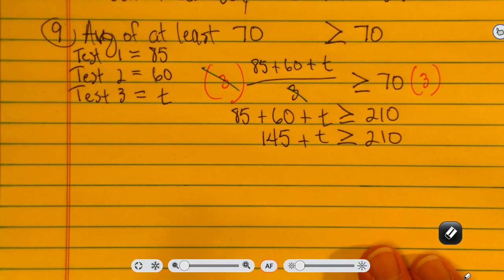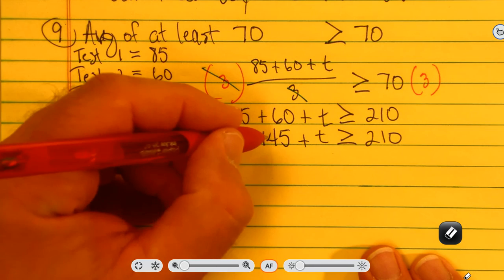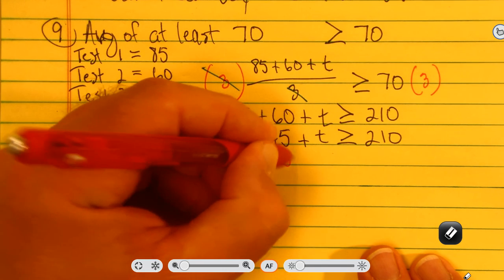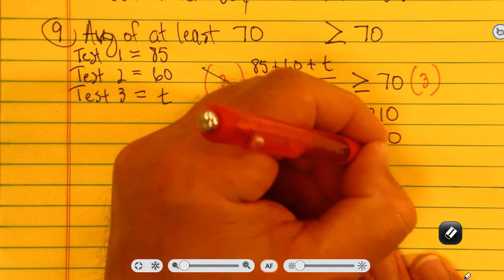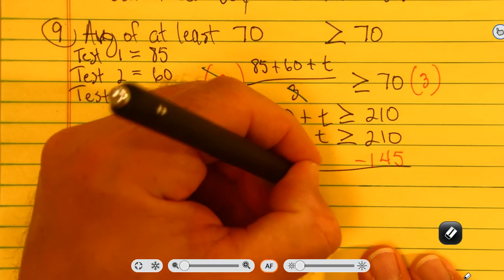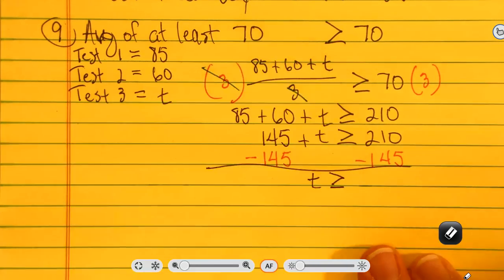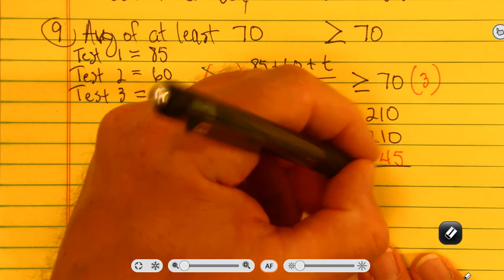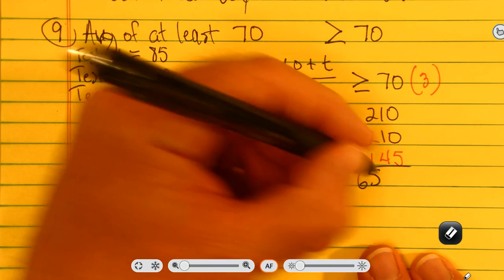So I know now to solve this equation, I need to use the subtraction property. I need to get rid of this 145 on both sides. I say subtract 145 here, subtract 145 here, and then T will be greater than 210 minus 145, and that answer is 65.